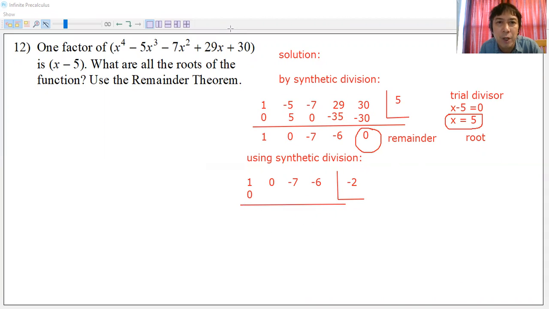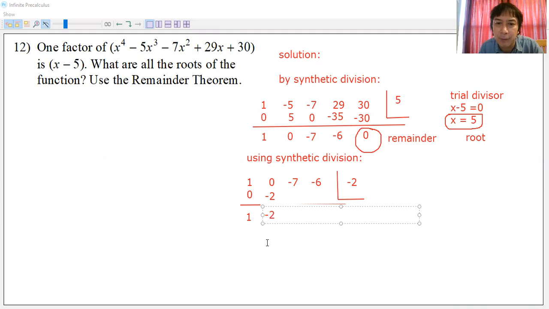First sum is 0. 1 and 0 results to a 1. And then the first product is -2. That's the first product. To be written in the next column, the next sum is 0 and -2, it's a -2.